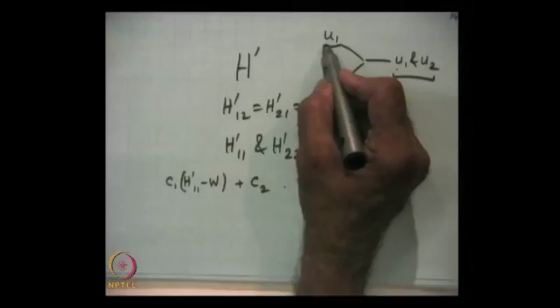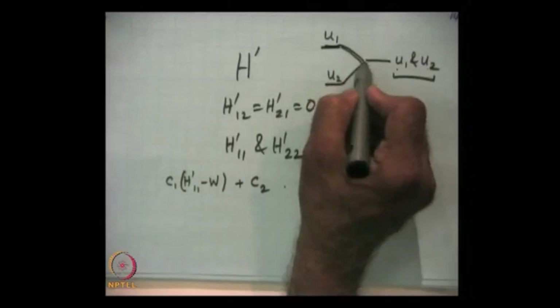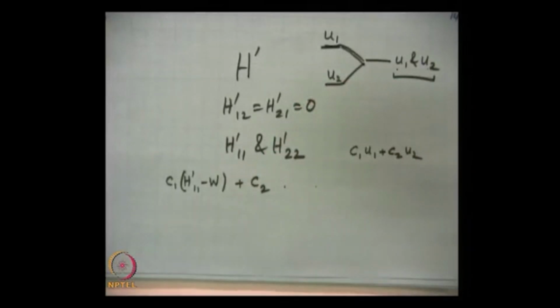Find the values of W by setting the determinant equal to 0, and for each value we will find the ratio C2 by C1. From that we will get the wave functions of the split states. That is, if the perturbation goes to 0, what is the wave function to which it will collapse?